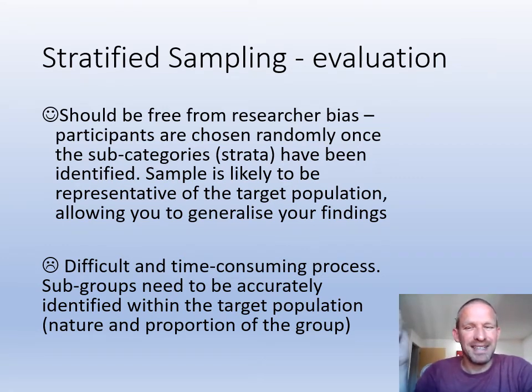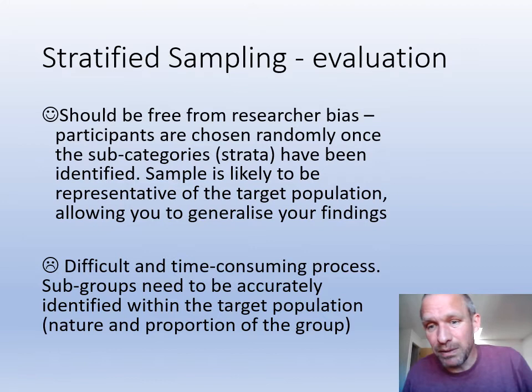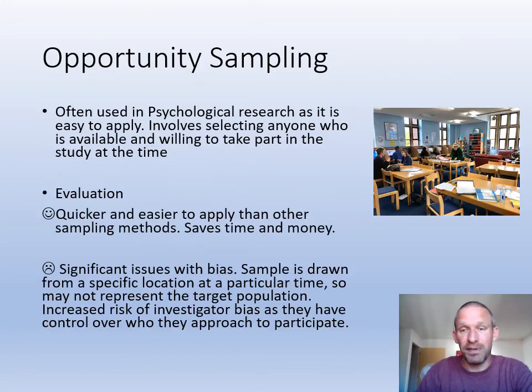Okay, so there's potentially a trade-off that you'll see here between the reduction in bias, but with that reduction in bias comes an increase in hassle, for want of a better word, time, money, and all of that to get the sample in place. There's a bit of a trade-off there, which is why we do see some of the ones more often, such as opportunity sampling.